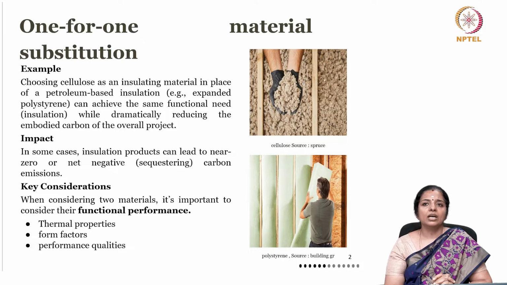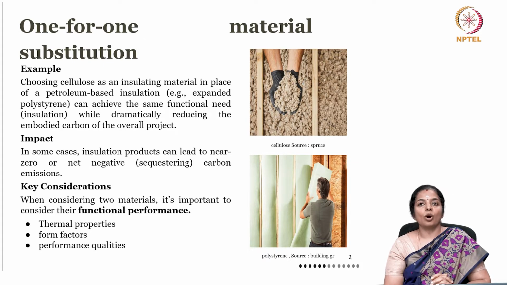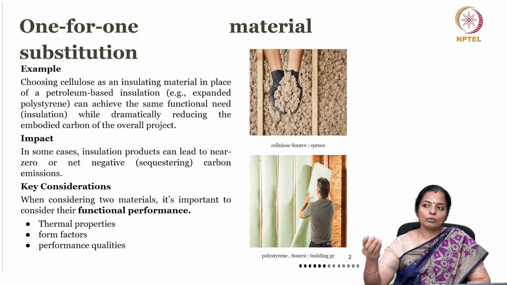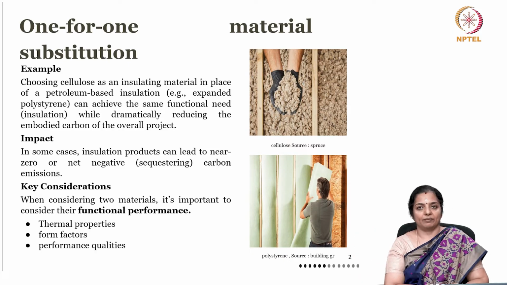Another example, we can specify carpet tile rather than broadloom or sheet carpets to reduce installation and maintenance waste. Because broadloom carpet typically generates 10 to 20% installation waste and cannot be easily repaired if damaged in one particular section. So, if you have one large carpet, then if there is a damage, you have to remove the entire carpet.